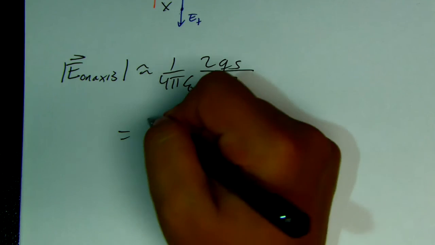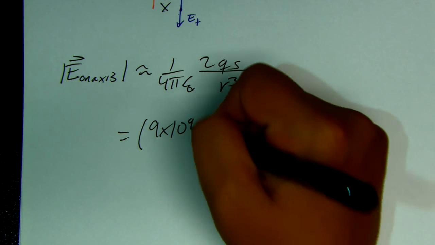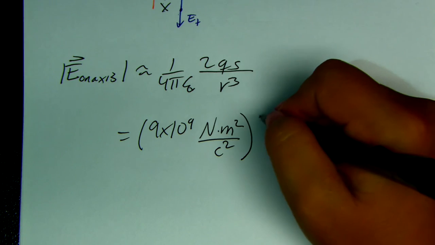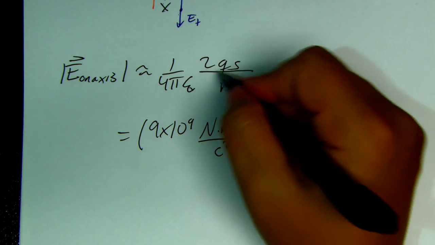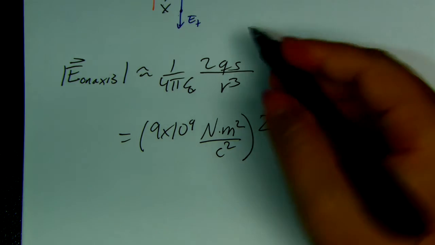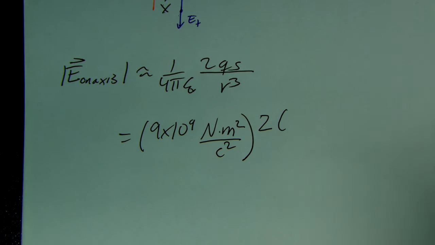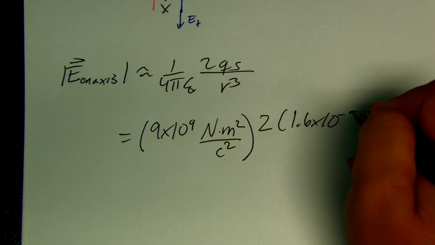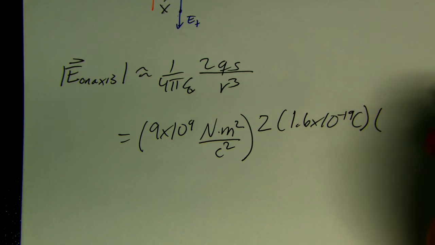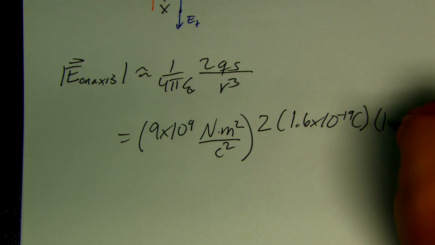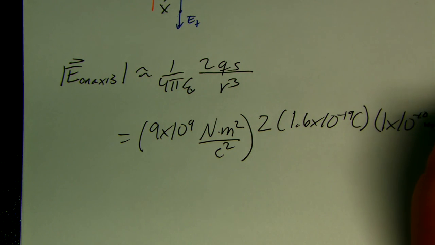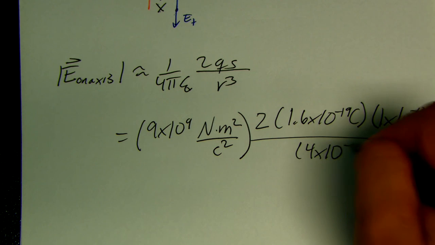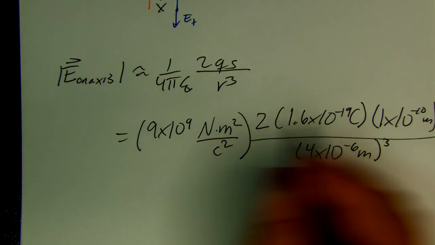And this is equal to 9 times 10 to the 9 newton meters squared over coulomb squared times 2 times, in this case we've got our charges being plus and minus e, so that's 1.6 times 10 to the minus 19 coulombs, times the separation, so that's 1 times 10 to the minus 10 meters, divided by 4 times 10 to the minus 6 meters quantity cubed.